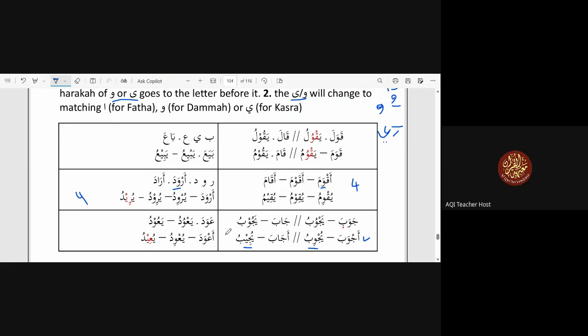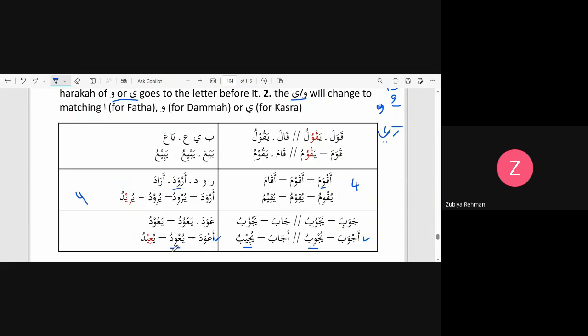Awada. Here the weak letter has a haraka, and this haraka will be on the prominent letter, and it will be fatha. After fatha there should be an alif. So it will be awada.